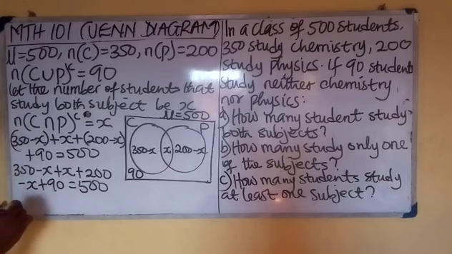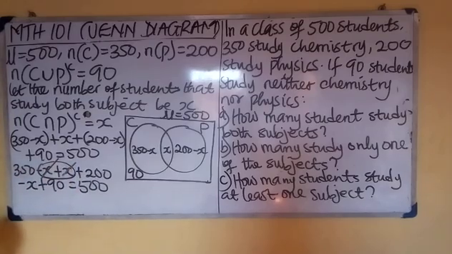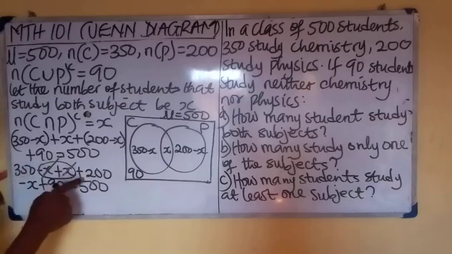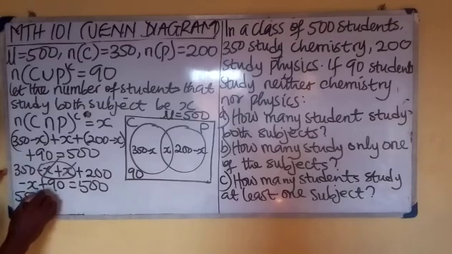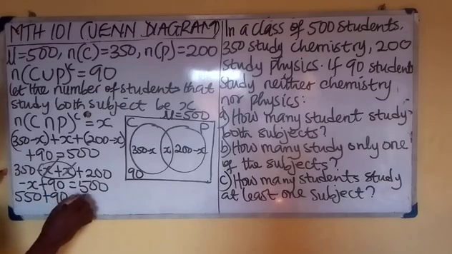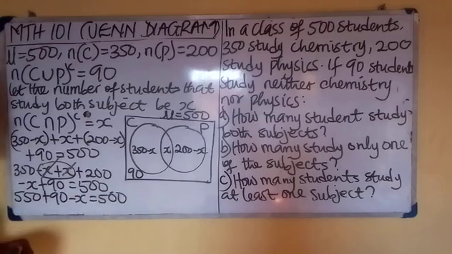So it means that minus x plus x are out, so these two are out already. So 350 plus this, I'll have 550. So 550 plus 90 minus x equals 500.